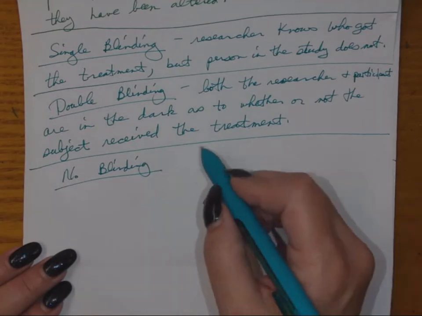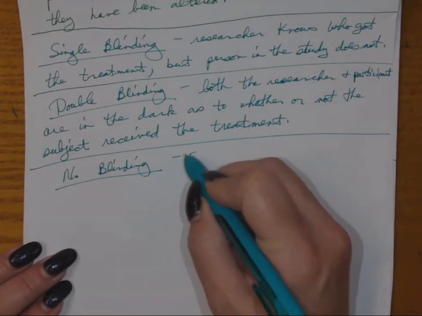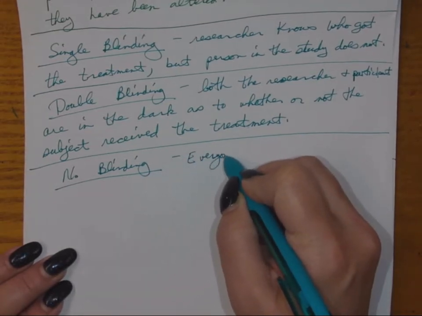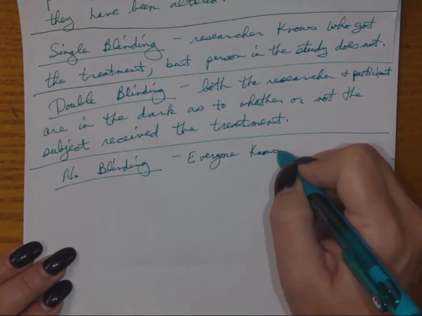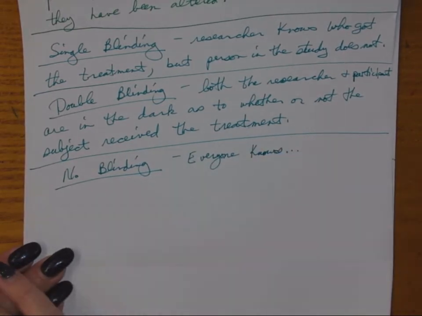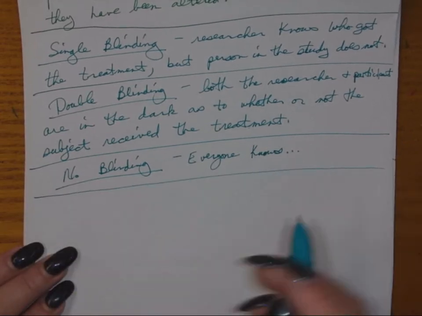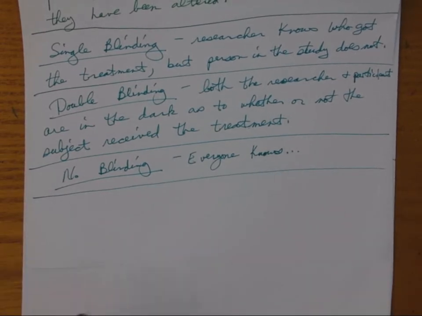In fact, in my crops, I might even put out signs that say, okay, these over here, they got the fertilizer, and these over here, they did not get the fertilizer. So blinding can be very useful, but it's not always necessary, and it's not always necessary to blind everybody, so we got to watch out for that, okay?